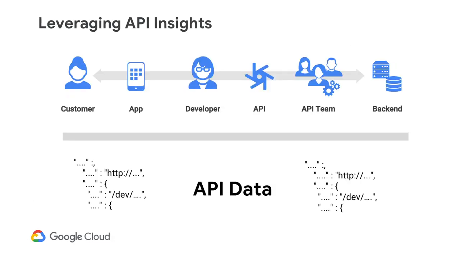And when we are talking about this data, one thing to keep in mind is that the data is usually associated with a particular entity. So on the left, you have the customer. On the right, you have your backend systems. And that's how the data flows, left to right and right to left. It is associated with a customer, an application, and a developer.